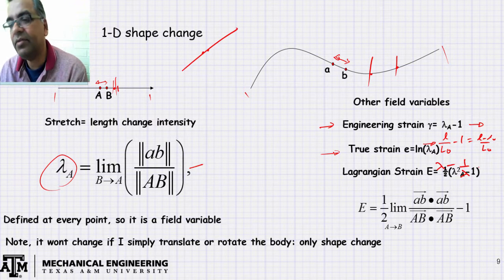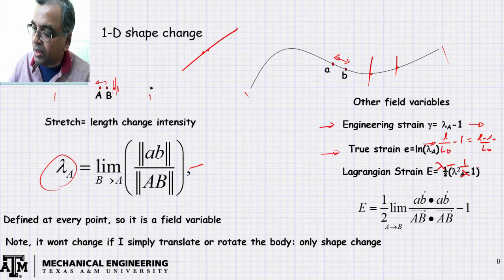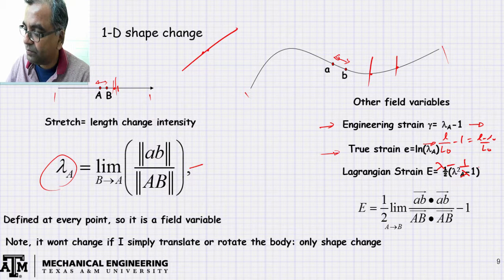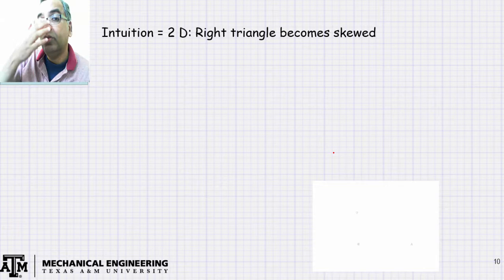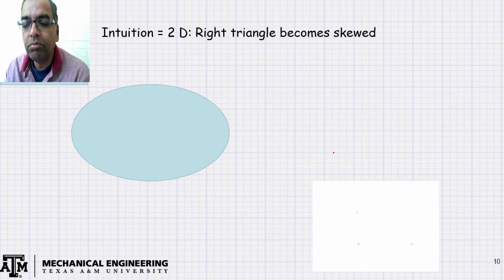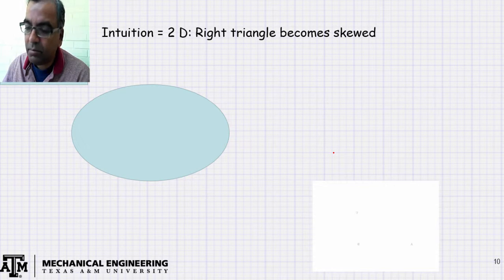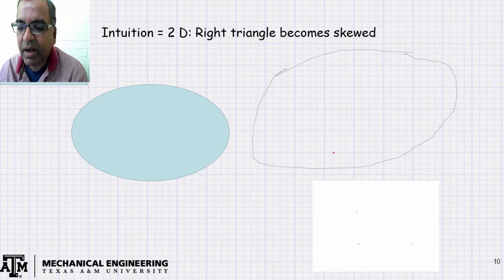You will see this kind of thing shows up again in 2D and 3D. Okay, so that's the idea. Okay, now the next level is 2D. So in a two-dimensional shape, here's a reference shape. I've drawn a big blob, that's a reference shape. Here's a current shape. It has become a bigger, more different kind of funky looking blob.